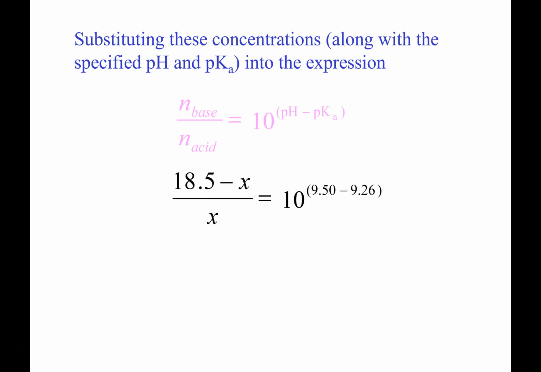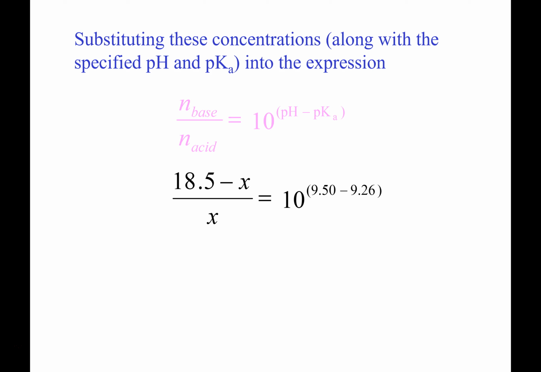If you're like me, I'm not a real mathy sort of person, you will not have to use the quadratic equation. I would clean this up by taking 10 raised to that power first. I write that number down, then I cross multiply that number times x is equal to 18.5 minus x.